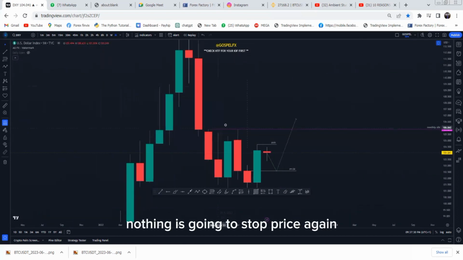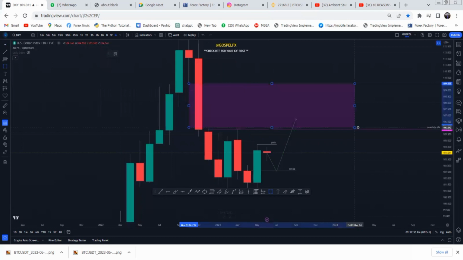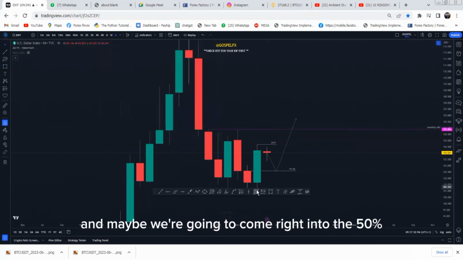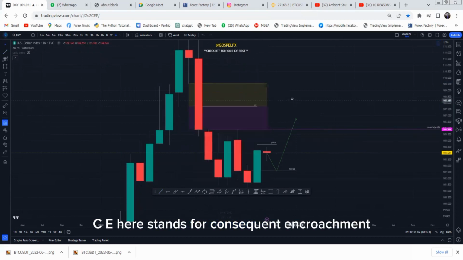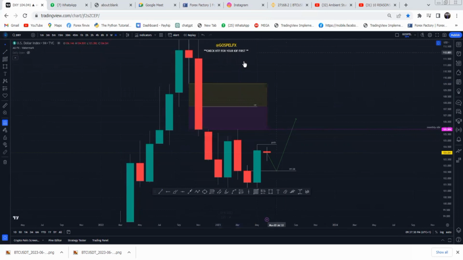Nothing is going to stop price again. We are going to come right up to this point to balance this inefficiency, and maybe we're going to come right into the 50% of this price inefficiency around this point here. That means we're going to have around CE, something like that, around that area. CE here stands for consequent encroachment.